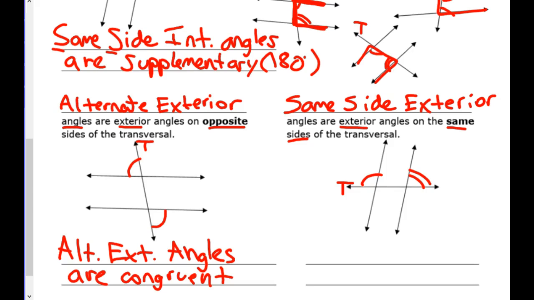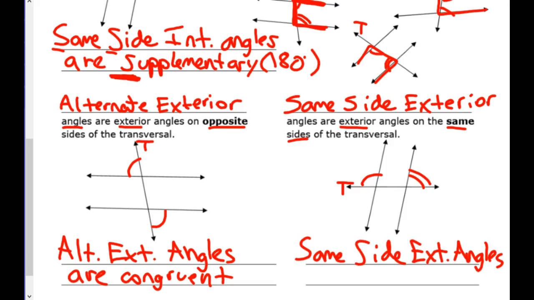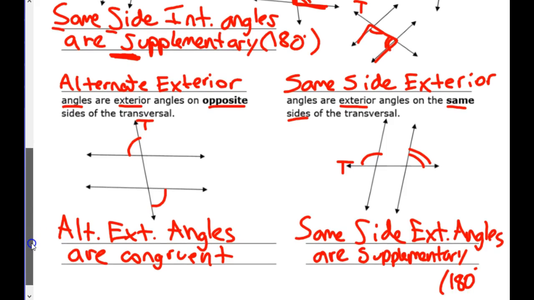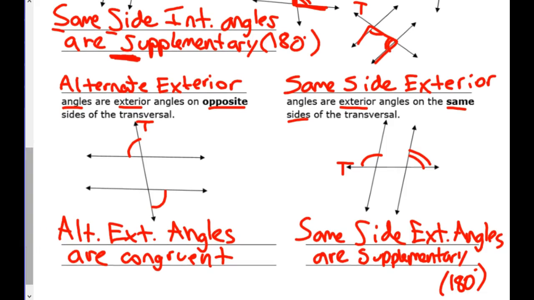And again, I'm going to put two arcs for a reason. Same side exterior. And like last time, if we see the word same side, it's alliteration. Same side is supplementary. Okay? Which means they add up to 180. Okay?